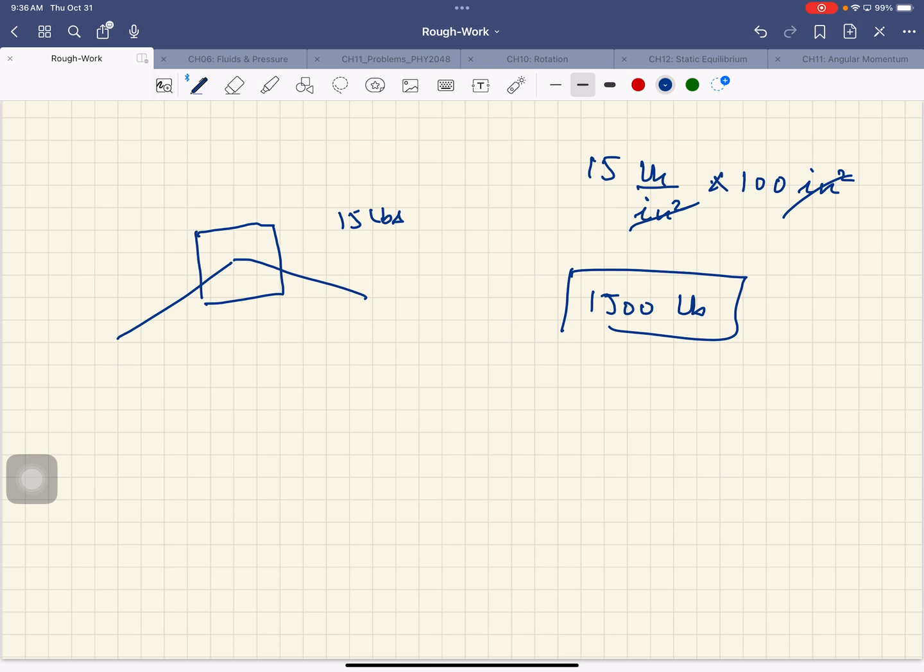Does anybody dive? If you go diving, if you're 33 feet underwater, you have to breathe air at 2 atmospheres. If you're 66 feet underwater, you have to breathe air at 3 atmospheres.